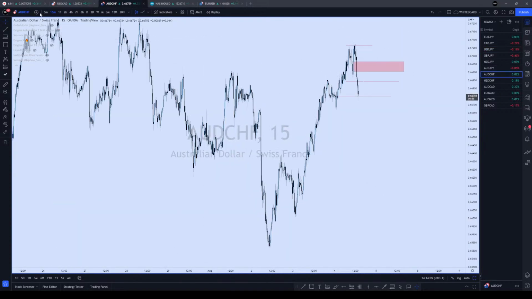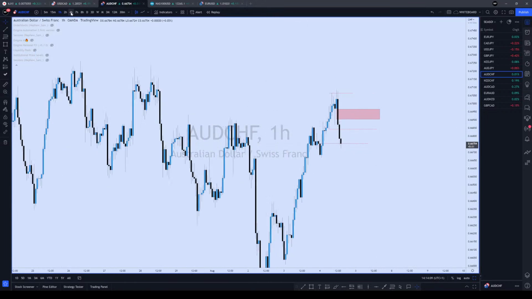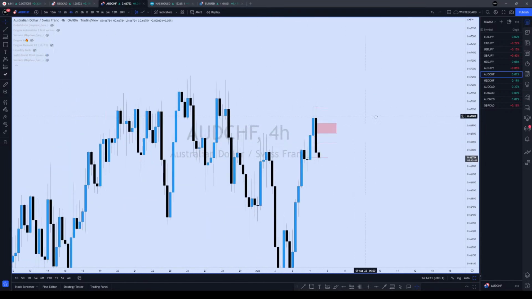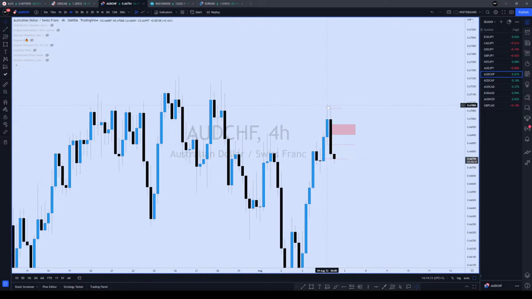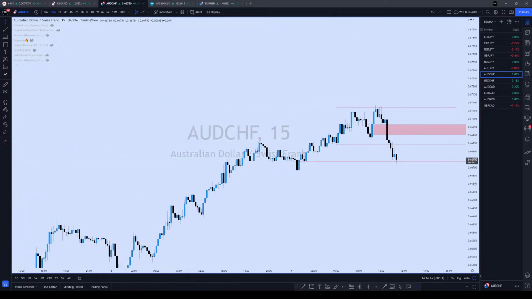Swiss yen, finally, we had some reaction. Now I'm watching. We have a run above that high, breakdown, and then below this. That to me is spelling OTE.